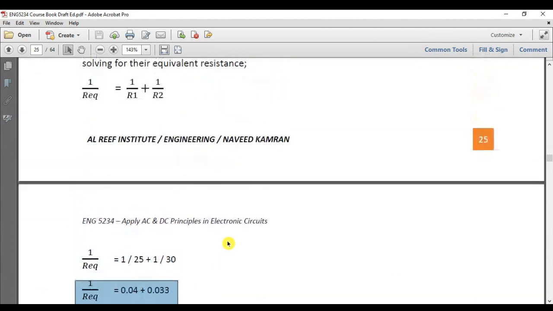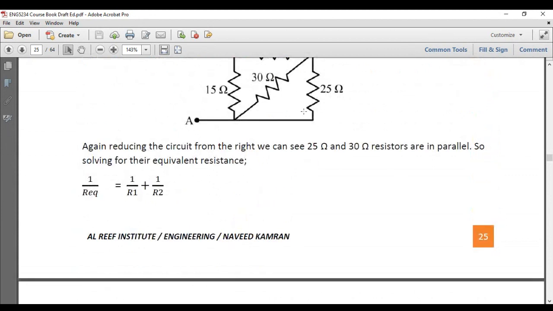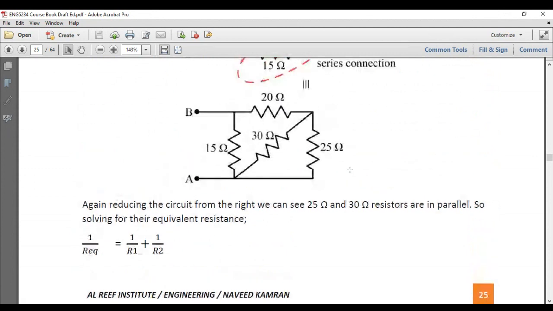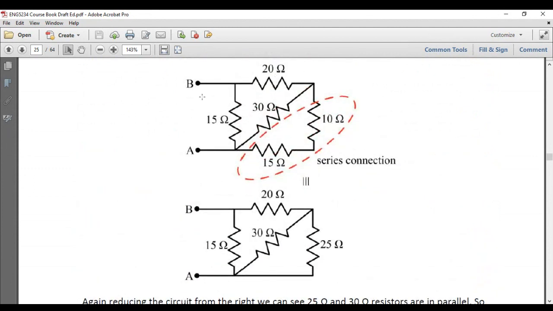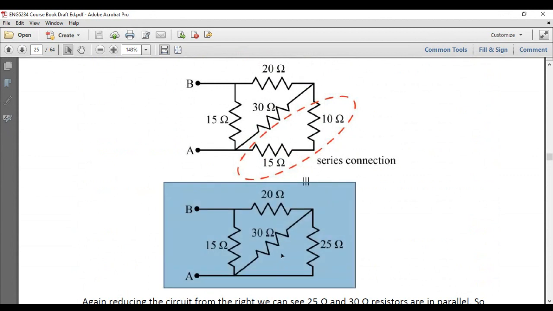Now as you are finding the equivalent resistance of resistors in stages, you are not working on the whole circuit collectively, but you are working on small parts. So when you finish one small part, it's better you draw a new circuit so that now you look at the simplified form of the circuit.